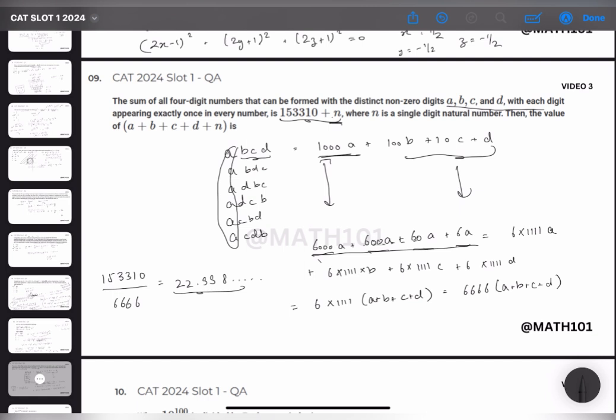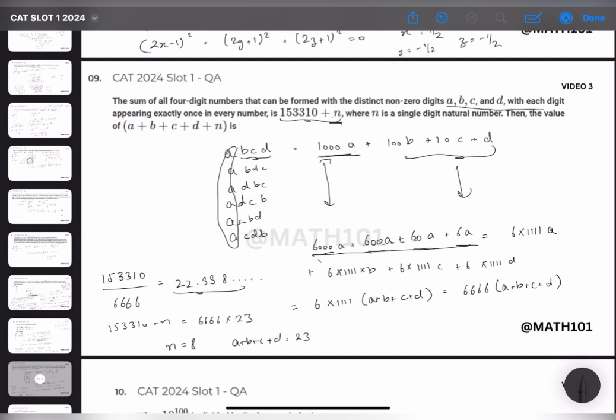So we'll say 15310 plus n is equal to 6666 into 23. That gives us n equal to 8, and A plus B plus C plus D is equal to 23.